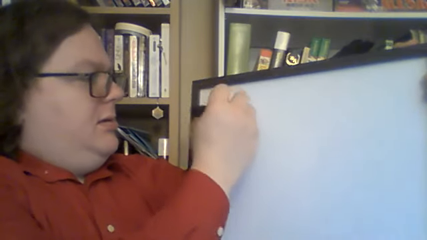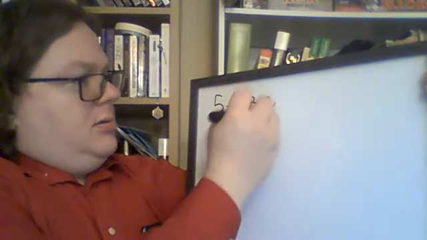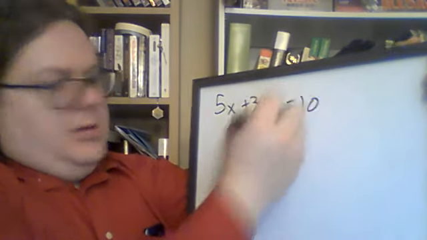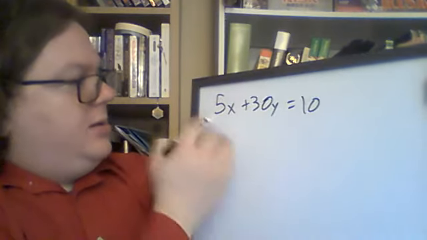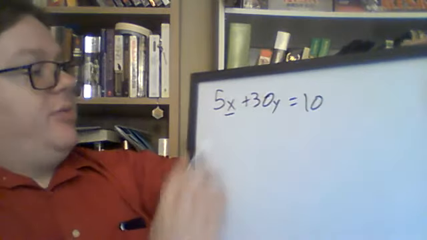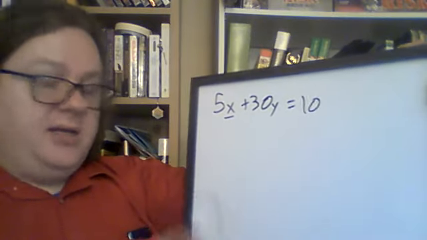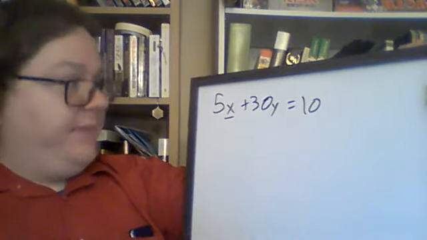5x plus 30y equals 10. And they want us to solve for x. So remember, we're trying to get that x alone without any numbers next to it, without it being added or multiplied to anything.